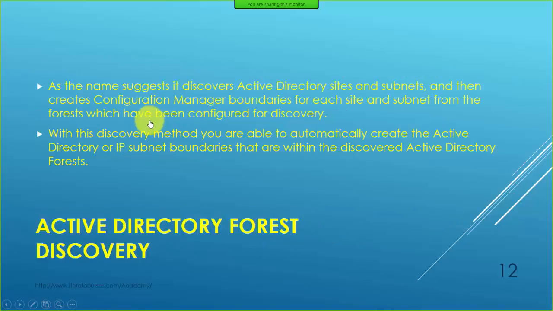If I go ahead a little, there is that Active Directory forest discovery, and as the name suggests, it discovers Active Directory sites and subnets, and then creates Configuration Manager boundaries for each site and subnet from the forest. So we can just click the Active Directory forest discovery.